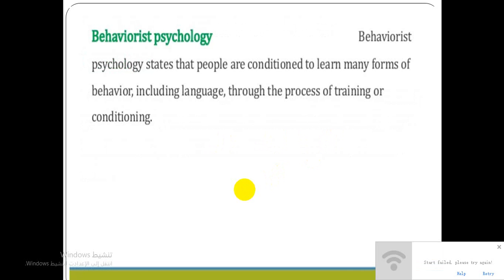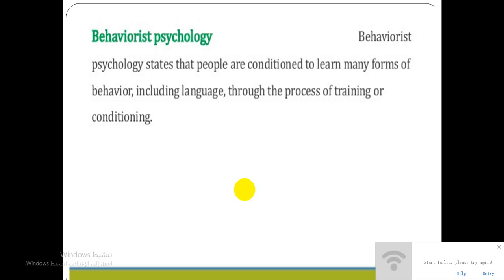The second theory is behaviorist psychology. In this theory, a philosophy of psychology based on the proposition that all things which organisms do, including acting, thinking, and feeling, should be regarded as behaviors. Behaviorism regarded language learning as similar in principle to any other kind of learning.